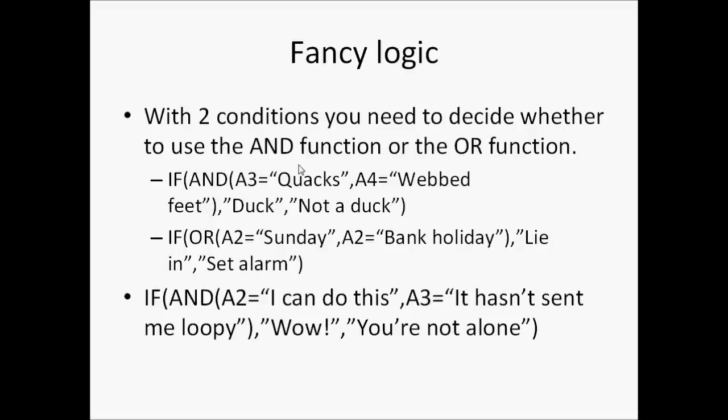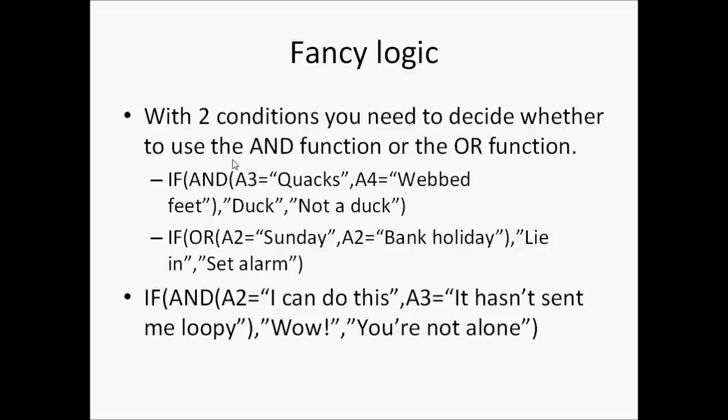We want to test whether something quacks and whether it has webbed feet. And then we'll say if it's true, it's a duck, and if it's not true we'll say not a duck. So again we use nested functions. Before that comma in if, we have to do and so that we can test for two things.